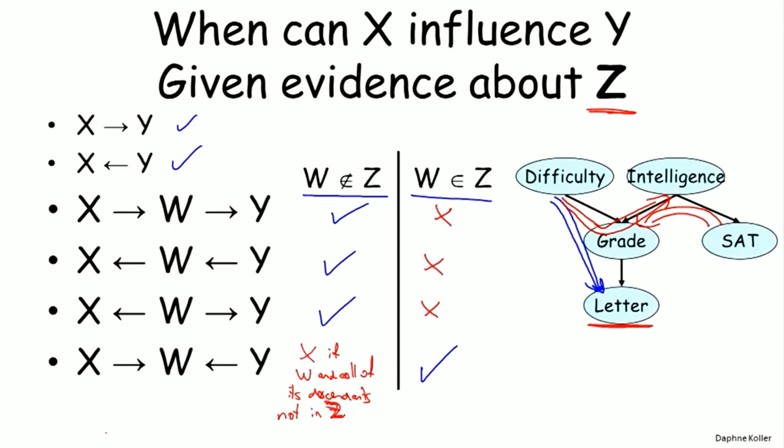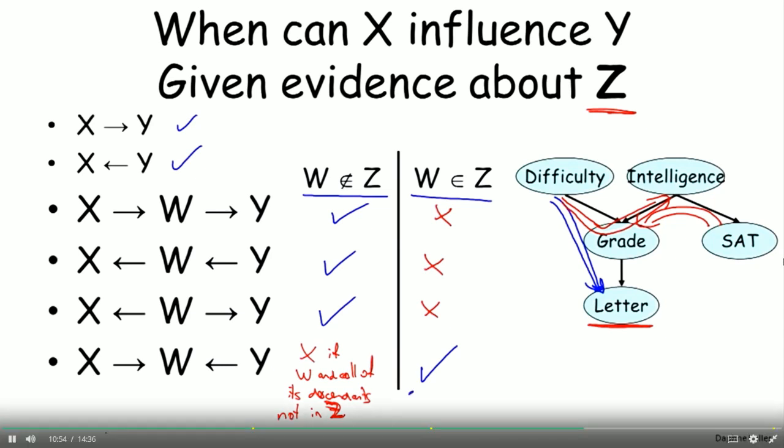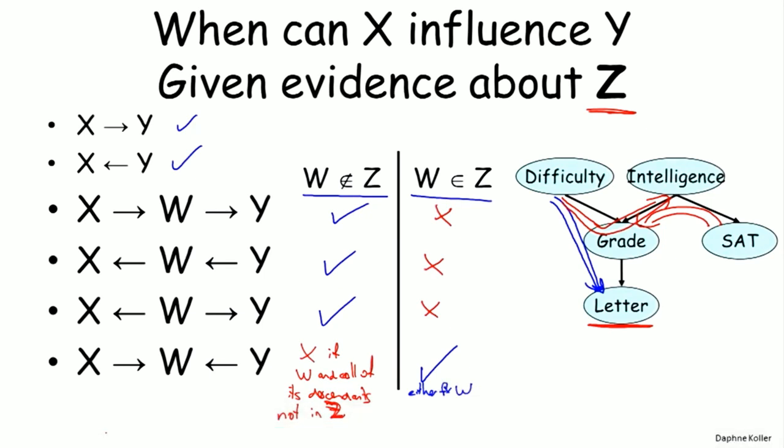Or conversely, that this influence can flow either if W or one of its descendants is observed.